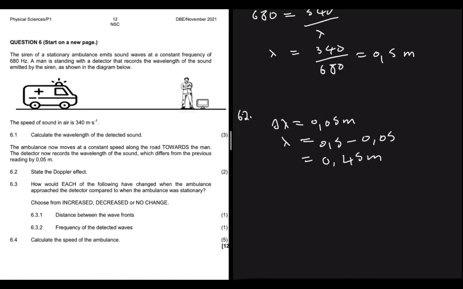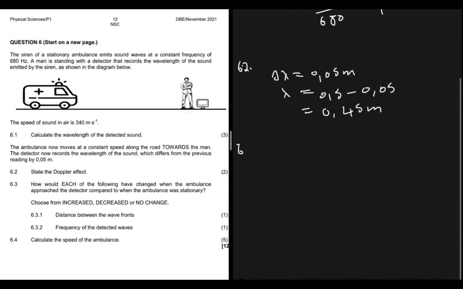This definition is just basically the formula, really. It's the change in frequency, pitch, or wavelength of the sound detected by a listener because the sound source and the listener have different velocities relative to the medium of sound propagation. So 6.2, that's the definition.